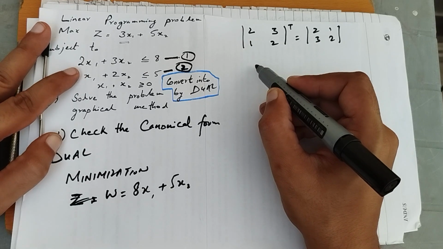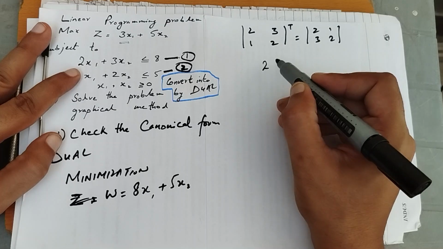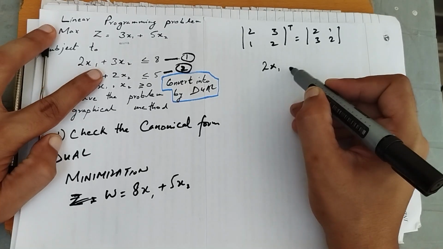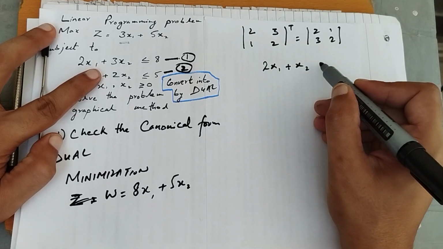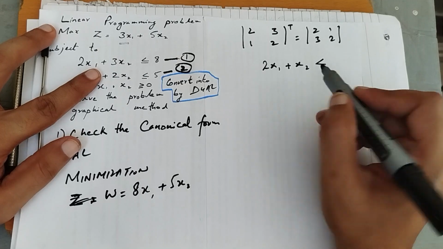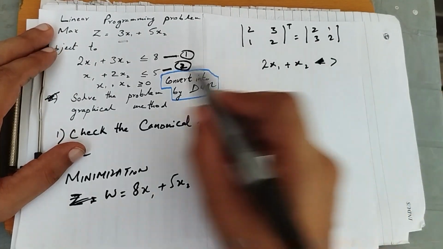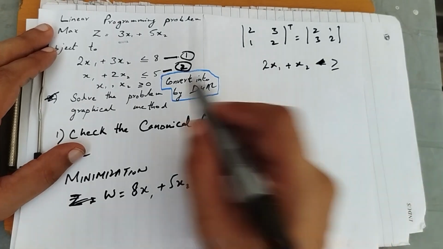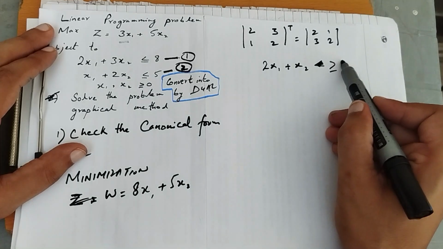So the first constraint would have coefficient 2 with the same variable x1, plus 1 x2. We don't write 1. Since it is the minimization function, we take the greater than sign instead of the less than sign, and instead of 8 we will be using the coefficient of the objective function, that is 3.